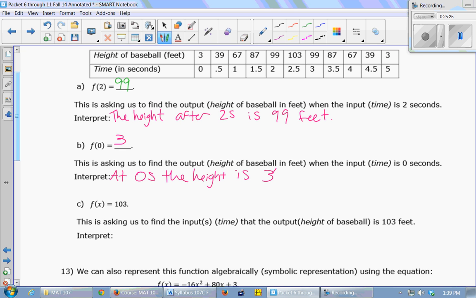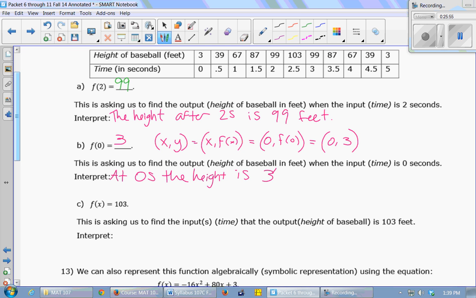So these answers are still y. These are y's. f of x is y in terms of x. So instead of writing x comma y, we now can write x comma f of x. And it's the same thing. This represents 0 is the x and 3 is the y. So we could write 0 comma f of 0 or 0 comma 3.